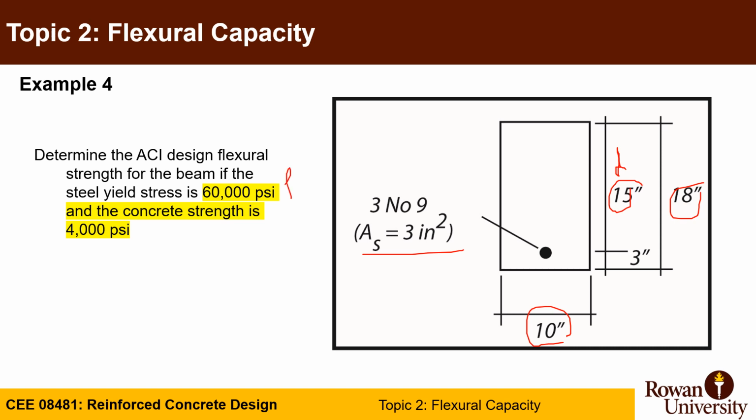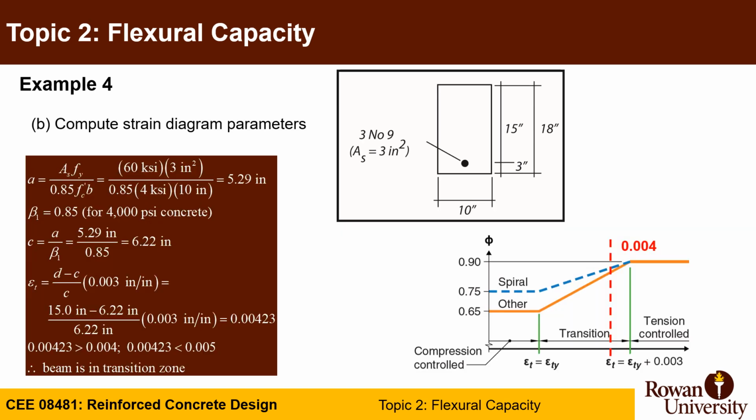If you have steel fy of 60, and f'c of 4,000 psi, you repeat the equation, a equals As fy divided by 0.85 f'c b. fy is 60, assuming it's yielding, As is 3 in², f'c is 4, and b is 10. This gives you a equal to 5.29 inches. Beta 1 is 0.85 because concrete is 4,000 psi. c is a divided by beta 1, which gives you 6.22.